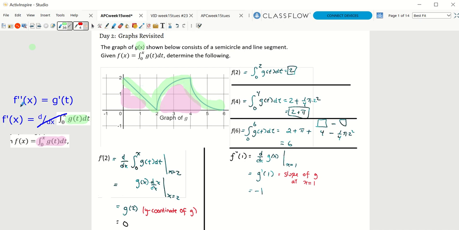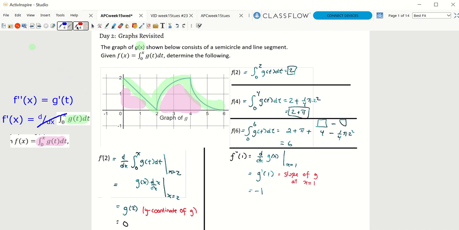When you go to the second floor and take the double derivative of f of x, you get g prime of t, which is no longer the curve itself, it's the slope. Remember, first derivative means slope of the graph of the function, not the curve itself.